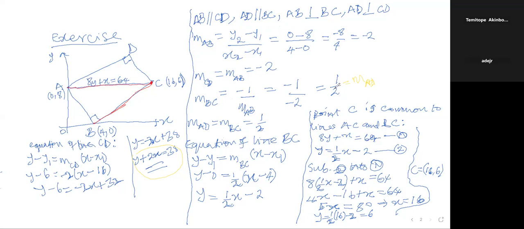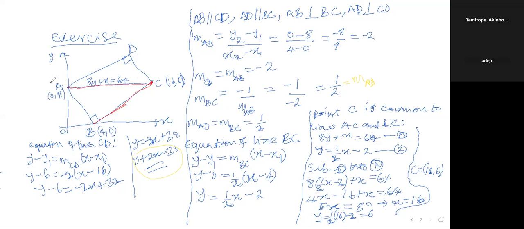Does that make sense to you? Hello, Ade? Yes, sir. So find the equation of line AD. Use this approach too. You already know the coordinates of D and you already know the coordinates of A. All right?